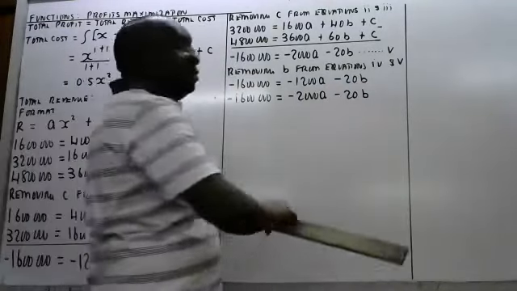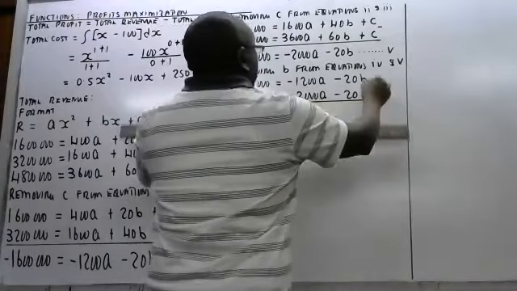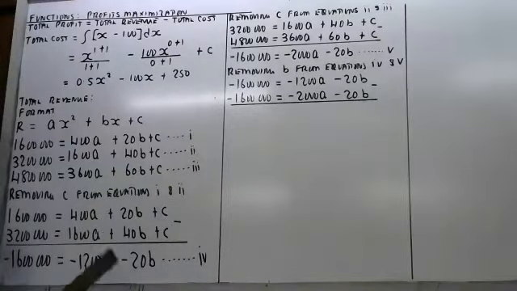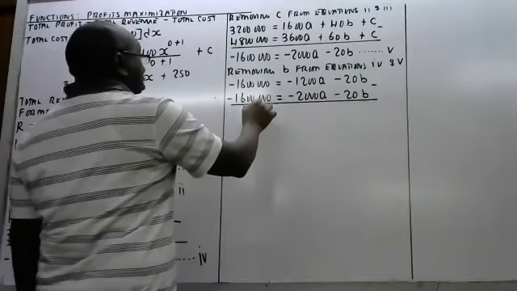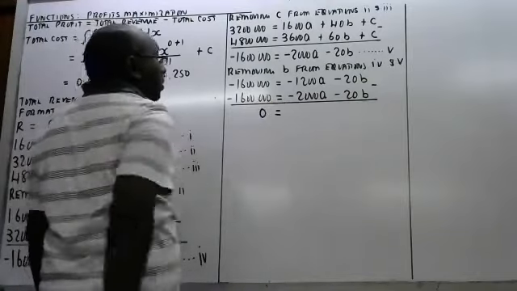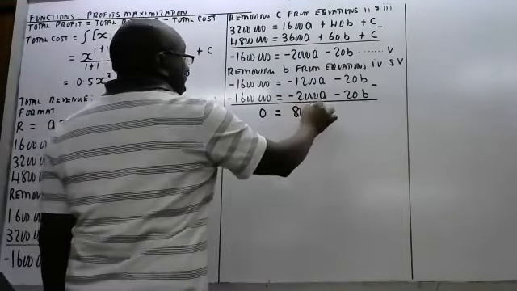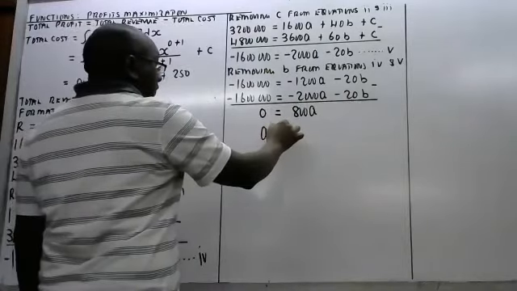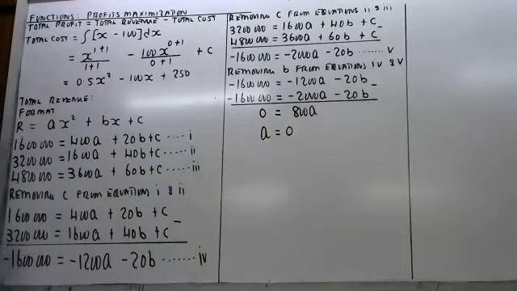So what I'll need to do so that my B disappears is to subtract. So when I subtract, this becomes 0, being equal to 800A. And based on that, I confidently say that A is 0.